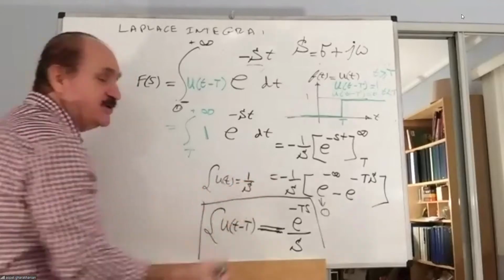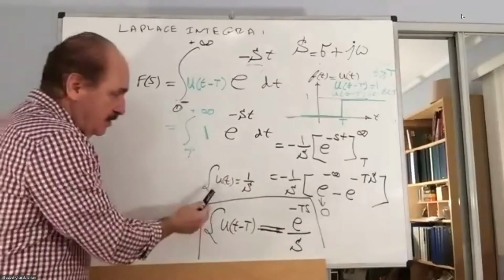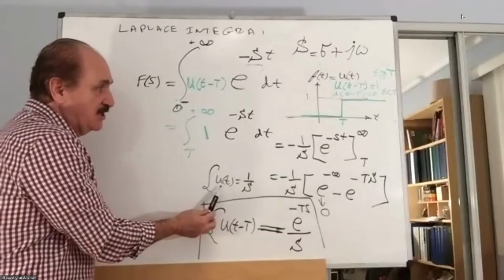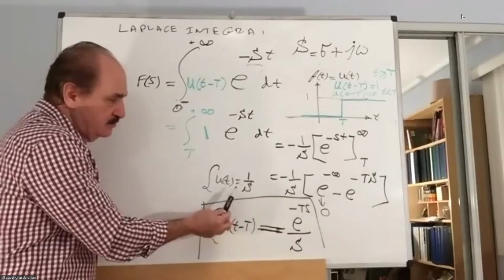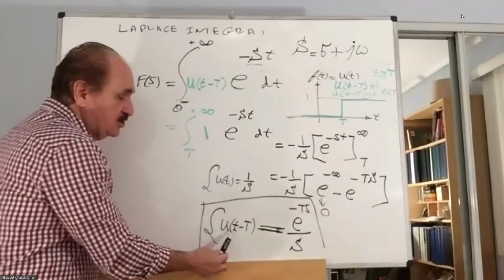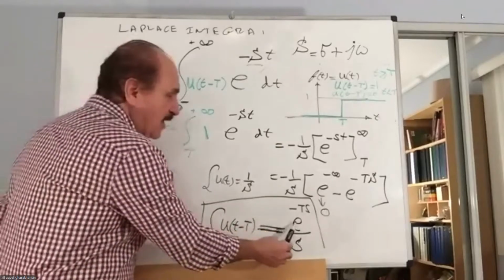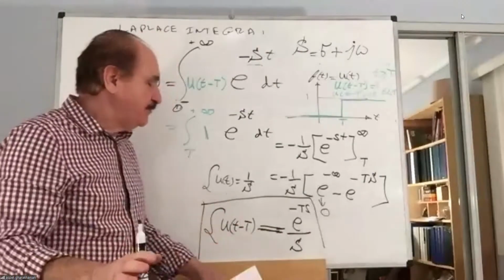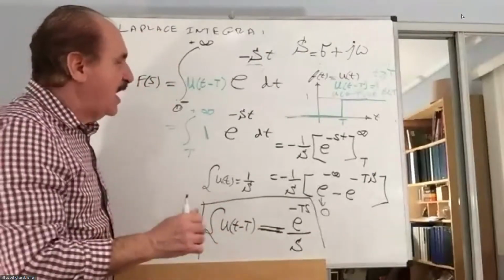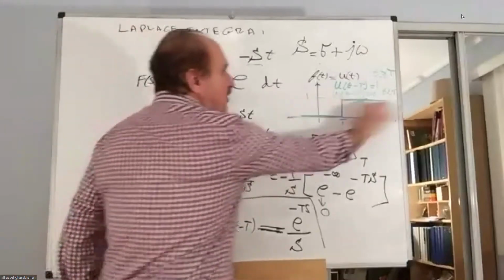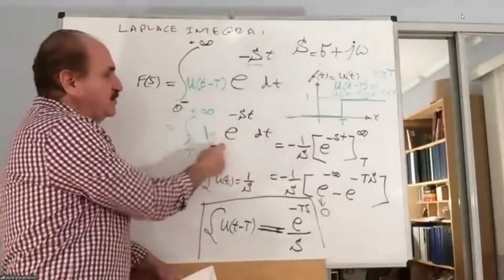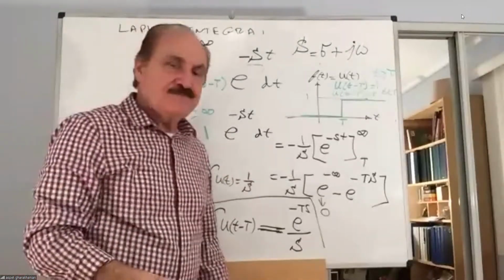Let us compare that against the transform of u of t, which came to be 1 over s. So what's the difference between the two functions? Same height, same everything, same description, except this one starts at t equal to 0, it's 1 over s. This one that starts at T is multiplied by e to the power minus Ts. Bottom line is, every time you have a function that is shifted, you don't have to operate an integral on it.